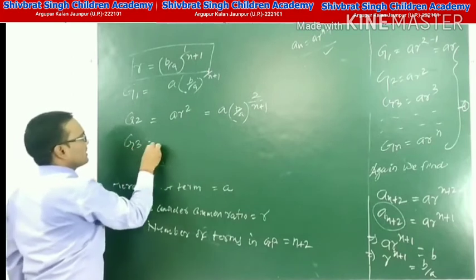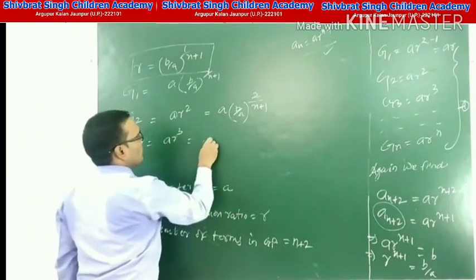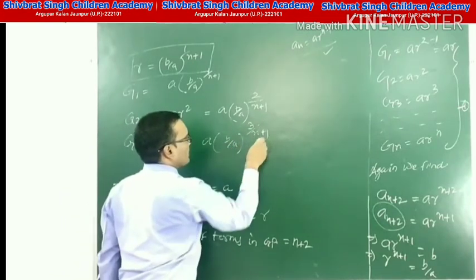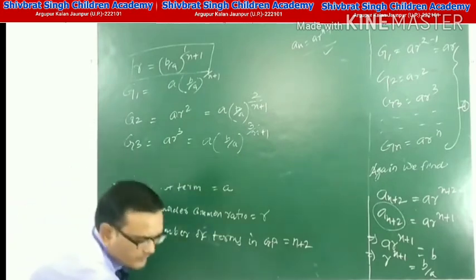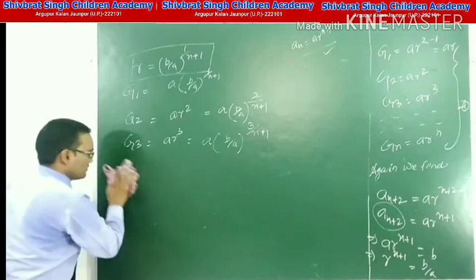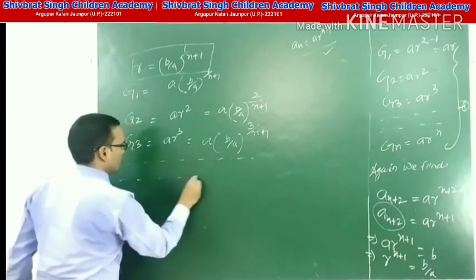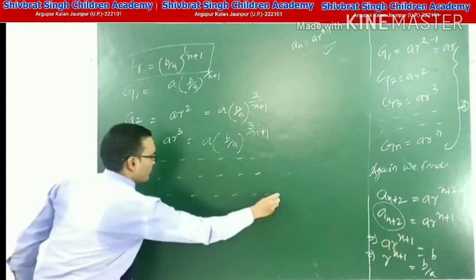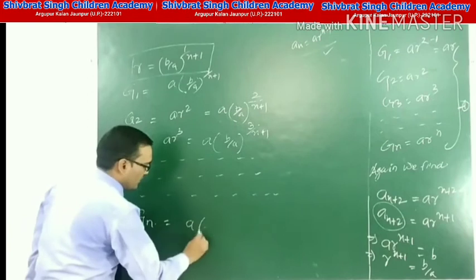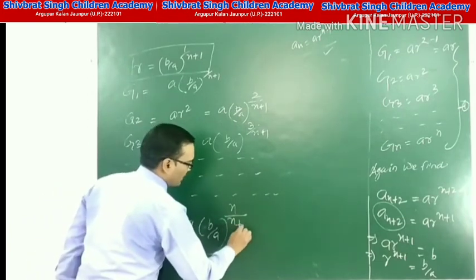Here G3 equals ar cube. This gives the value a times b upon a to the power 3 upon n plus 1. Similarly, we can find the value of Gn. In a similar way, we find Gn equals a times b upon a to the power n upon n plus 1.